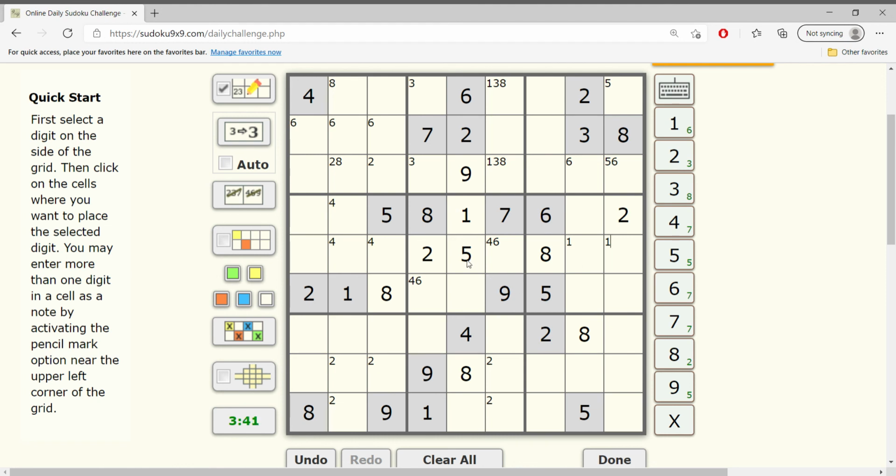Okay, does this 5 give us much? It just puts 5s in 3 cells, it doesn't really give much. Okay, but what is happening in this column? We need 3, and we need 7. 7 can only go here. This has to be 7, so this is actually 3. I don't know what this 7 gives us.